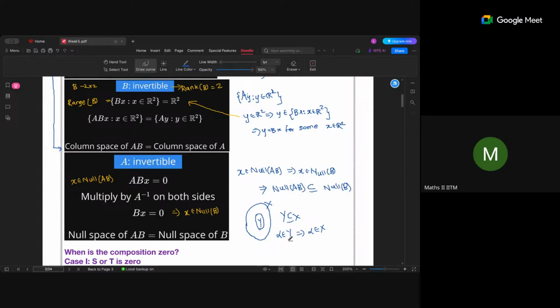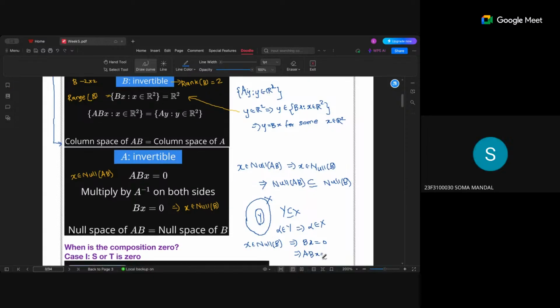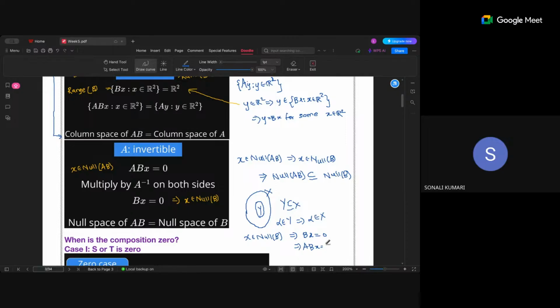What about the other way around? If you take any element x in null of B, what do you know? According to the definition, Bx is equal to 0. So what happens to ABx then? It should also be 0.